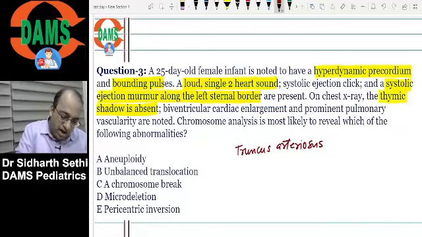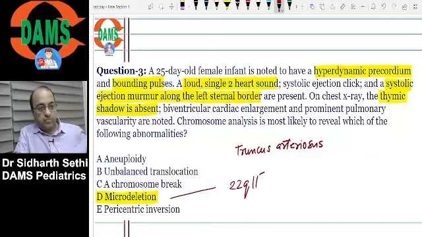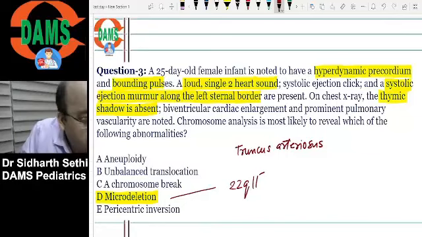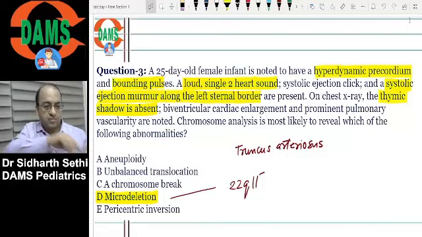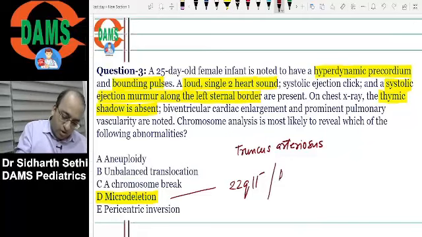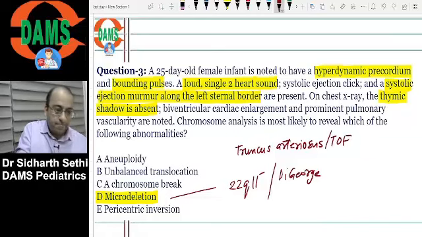So I will go for microdeletion 22q11. Yeah. So this is DiGeorge syndrome, or truncus arteriosus, which is common in these patients. This is DiGeorge syndrome.